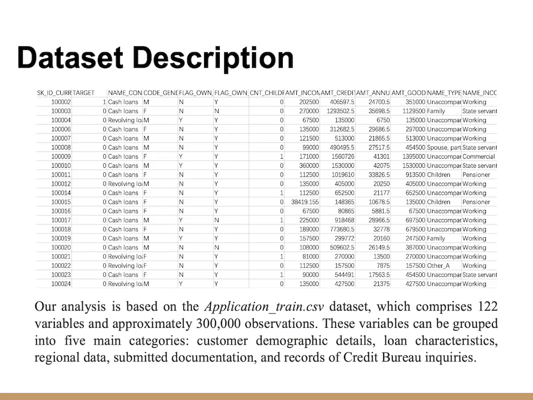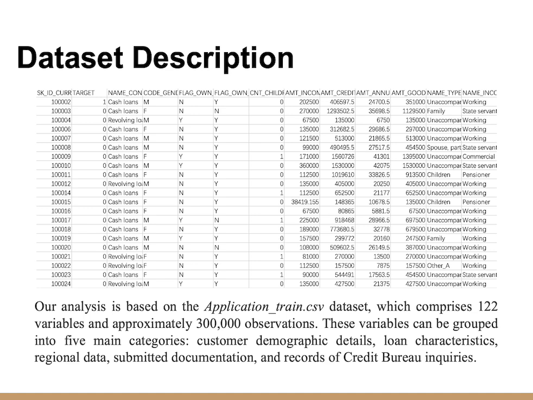Then, I will introduce the data I used in this project and explore the structure of the dataset. The main data file I used in this project is the application_train.csv file, which contains 122 variables and around 300k observations.